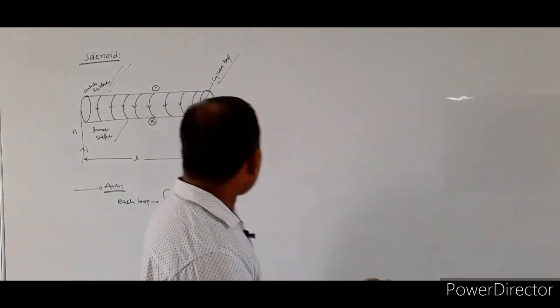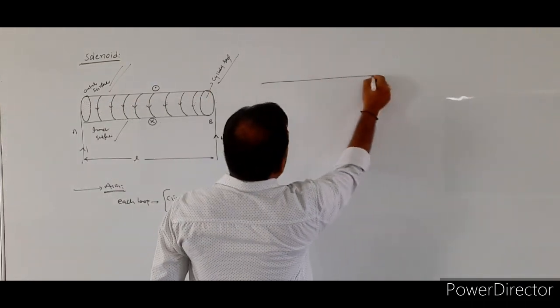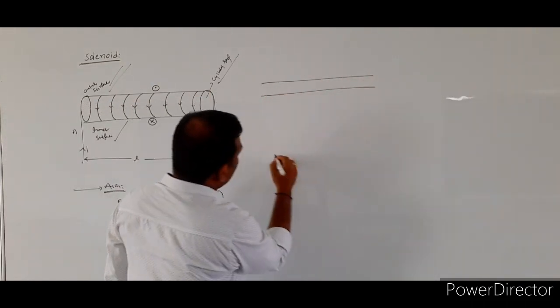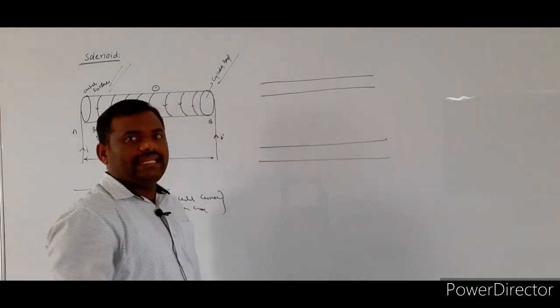Now, the directions of the current I am representing here. So this is at the outer surface, this is at the inner surface. Outer surface and inner surface.